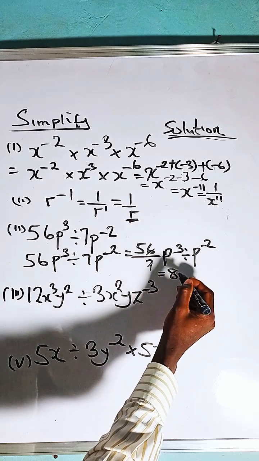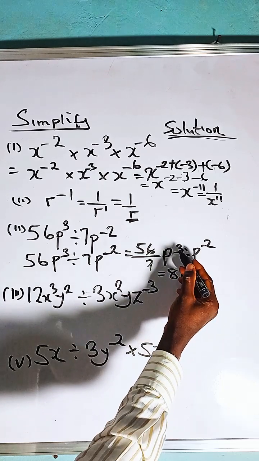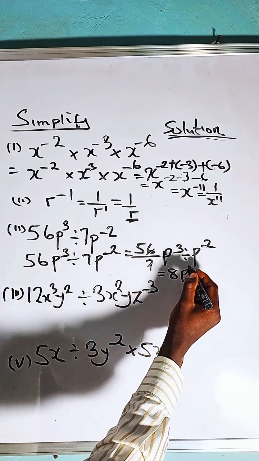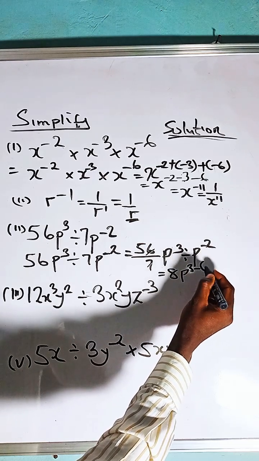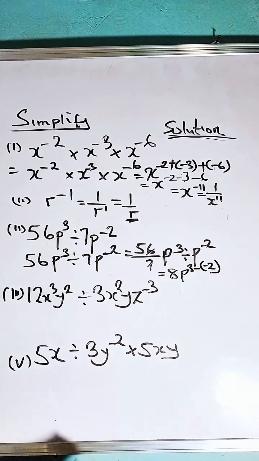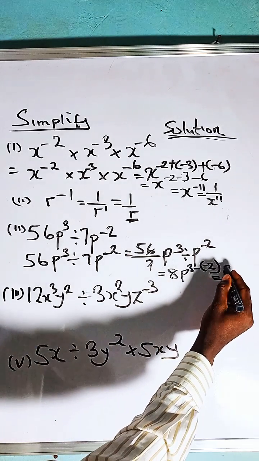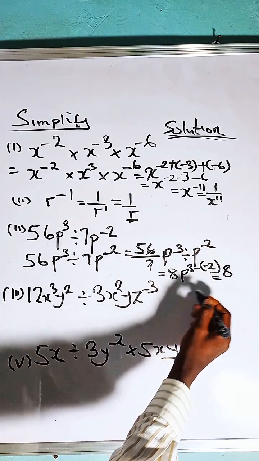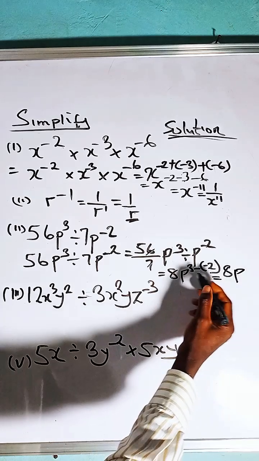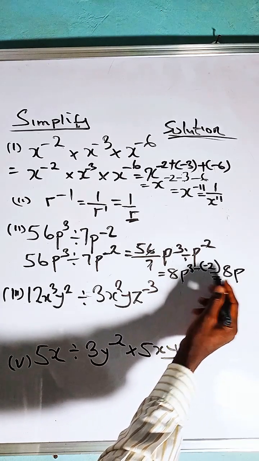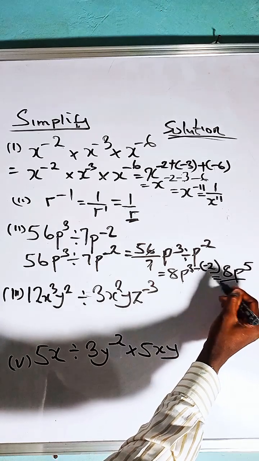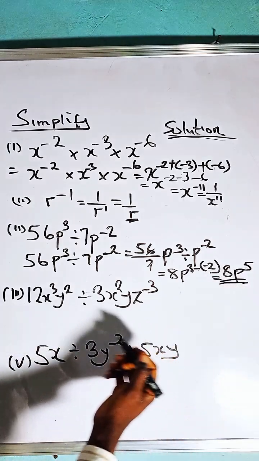We have the same base, so we pick out one, and we subtract the powers, so we have 3 minus minus 2. Minus times minus is plus, so 3 plus 2 gives us 8p raised to power 5.